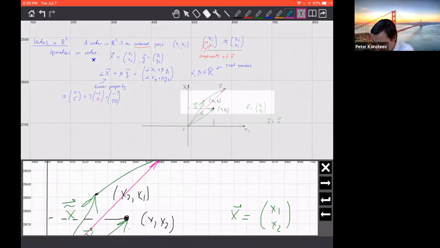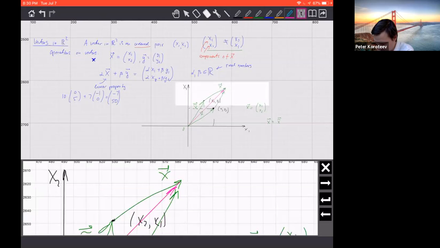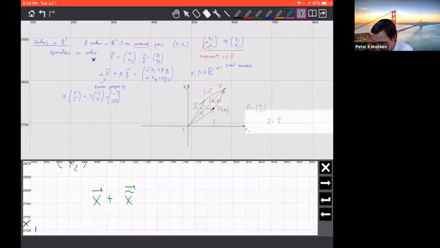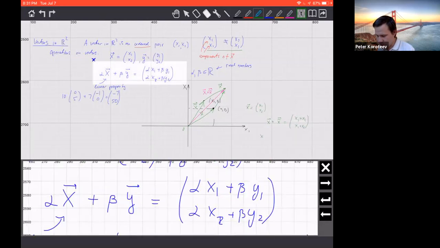So the parallelogram that you were talking about comes here, and this purple vector will show you the sum of vectors x and x tilde, and it has components we just discussed. The one that we drew here is x1 plus x2, and here's also x1 plus x2. But in general, if instead of vector x tilde you would have some vector y, then you'll have this one.